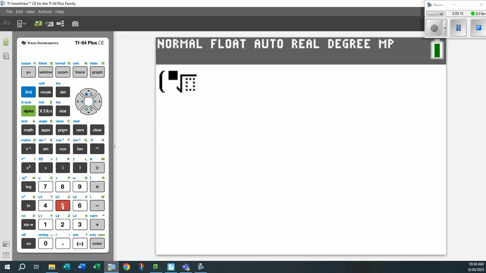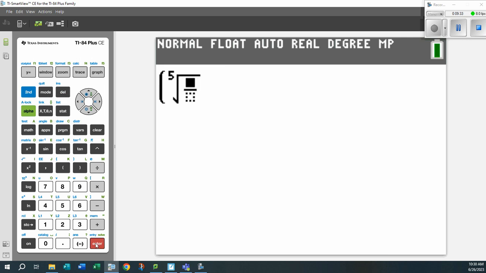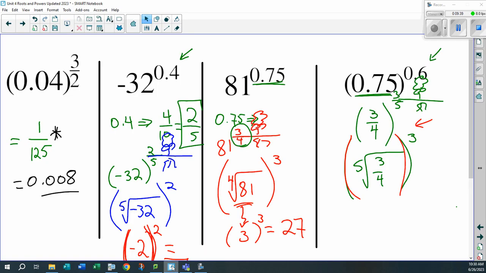There's the 5th root of 3/4. Now, if you mouse to the right here, again, that's going to be your fraction. Do you remember where the fraction button is? If you got the new calculator, it's alpha frac right there. Okay, if you don't have that new one, you can go alpha, F1, and pick. There it is. Okay, now what was in that? What was the fraction that we were dealing with? The fraction was 3/4.